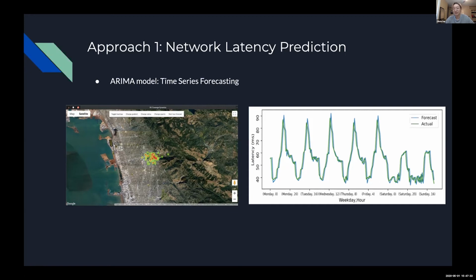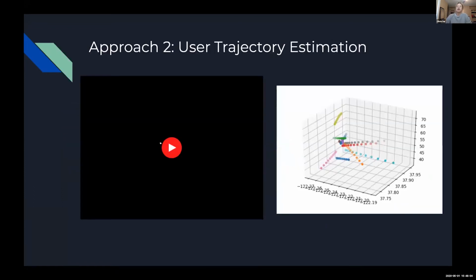As we can see from the graph, there is seemingly a weekly trend for higher user usage and greater latency during weekdays, but lower usage of the 5G service during weekends. Based on those data, we tuned parameters within the ARIMA model and obtained around 79% model accuracy, as you can see from this graph.